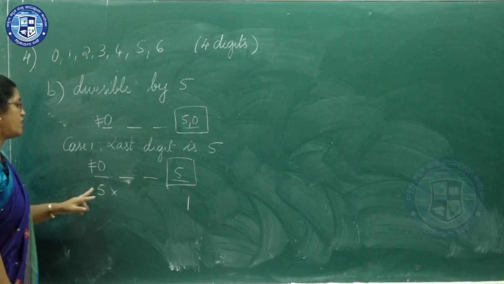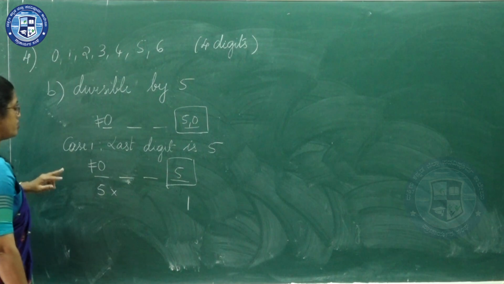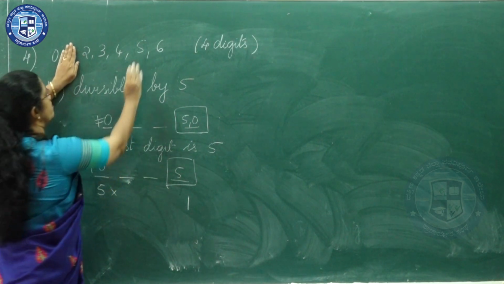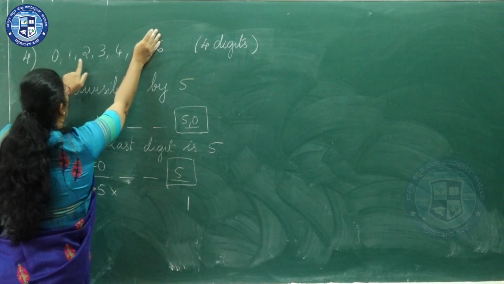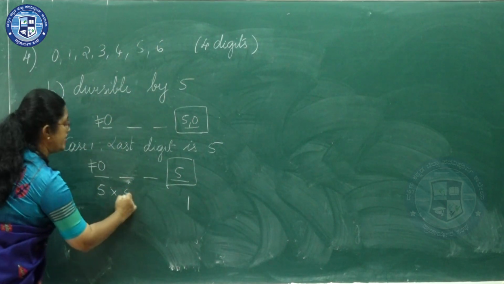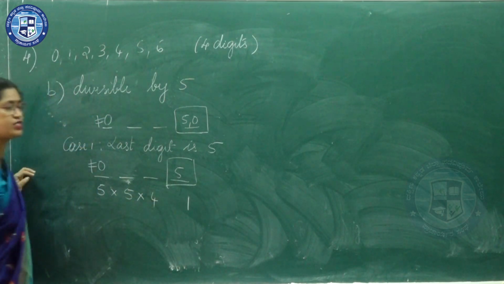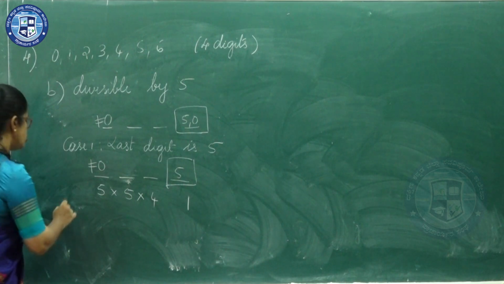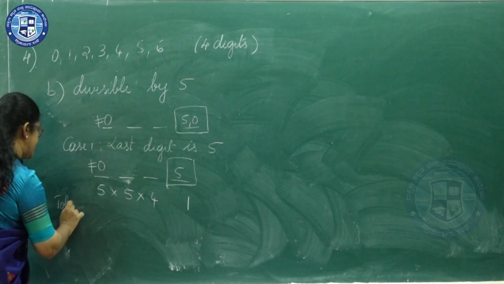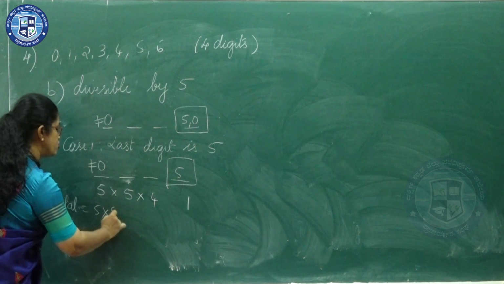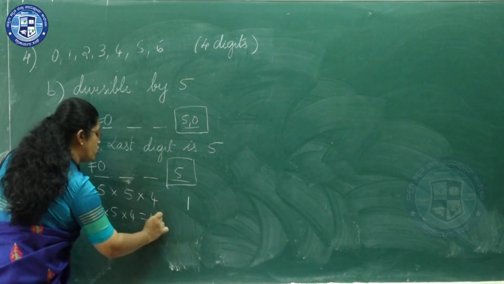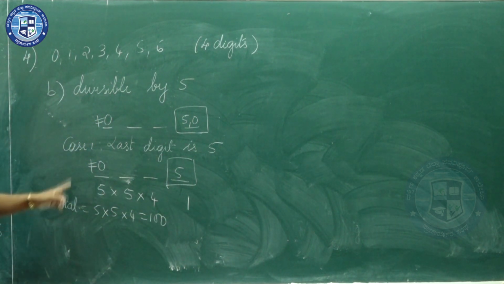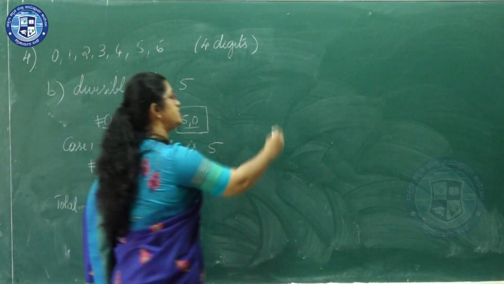After this, 2 numbers are gone. If 2 numbers are gone, how many are remaining? Again it is 5, and then the next one has 4 choices. So the total numbers that I am getting here is 5 into 5 into 4, which is equal to 100. This is case 1. Now let us see case 2.